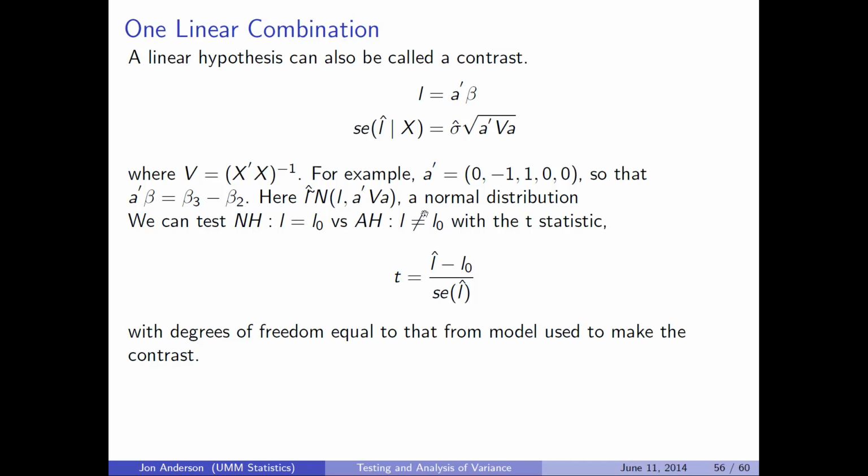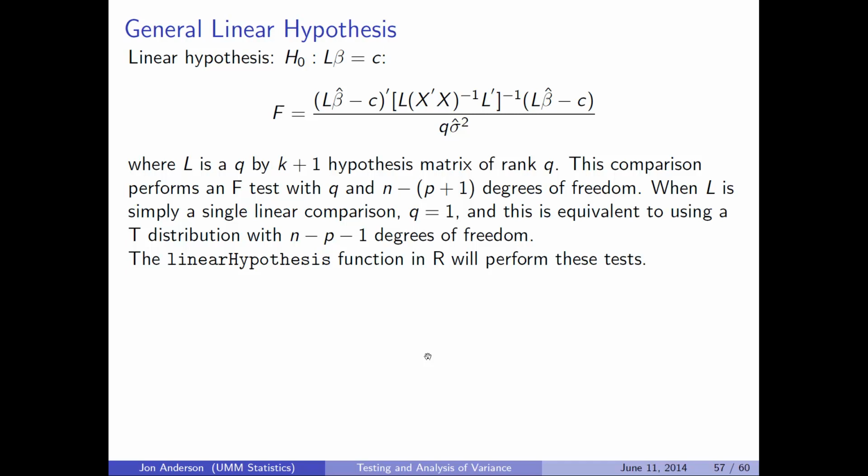And this would be a t-statistic using the degrees of freedom from the model that is being used. You can also construct a test based off of a general linear hypothesis that this complicated function of beta is equal to a vector c, and you can test whether that is a reasonable thing or not using an F-test. The linearHypothesis function in R will do tests about functions like this one.